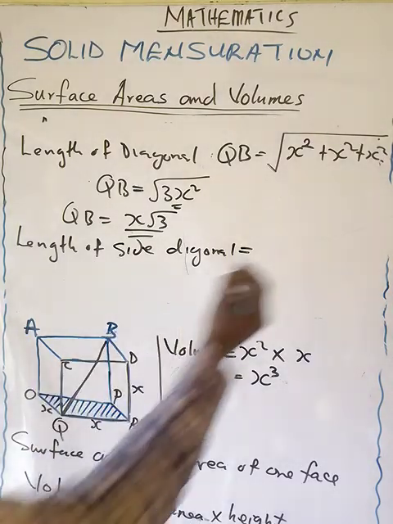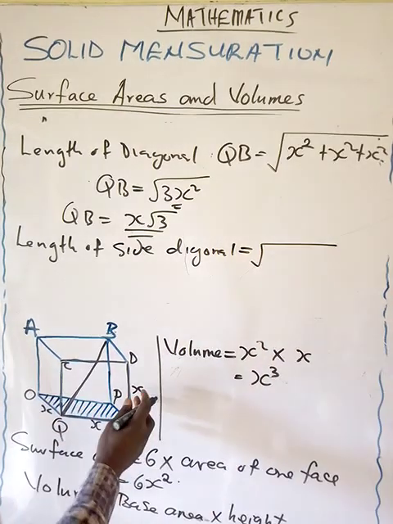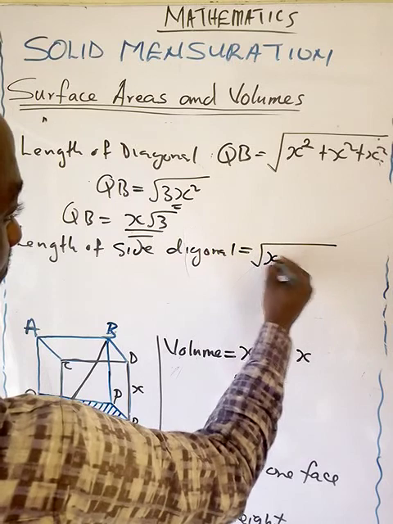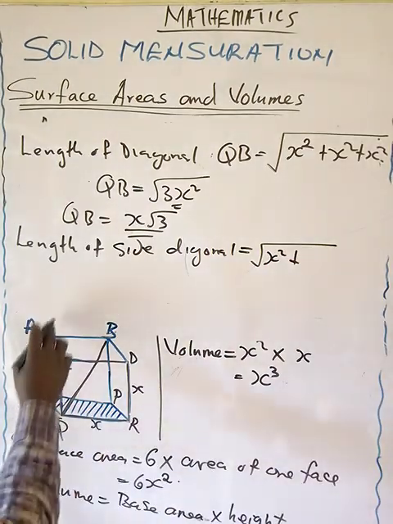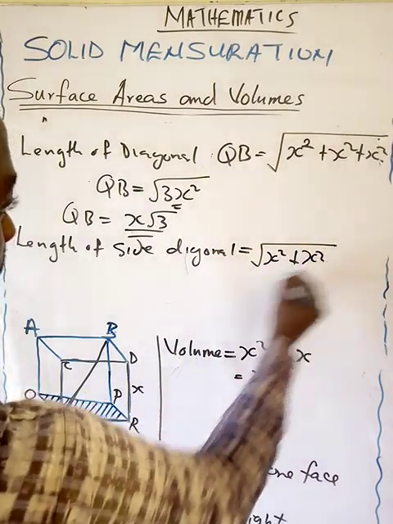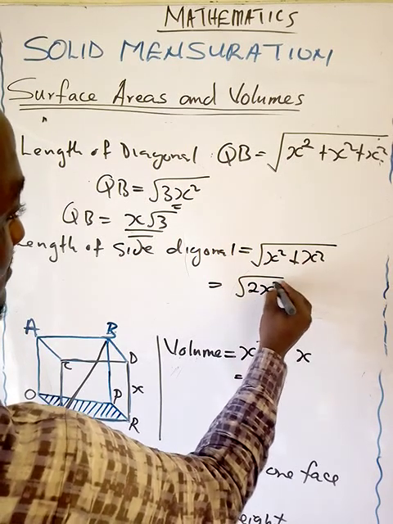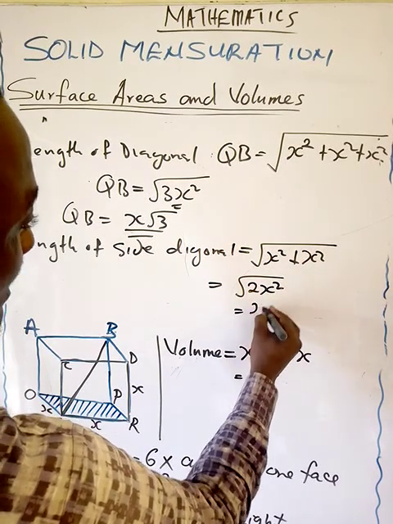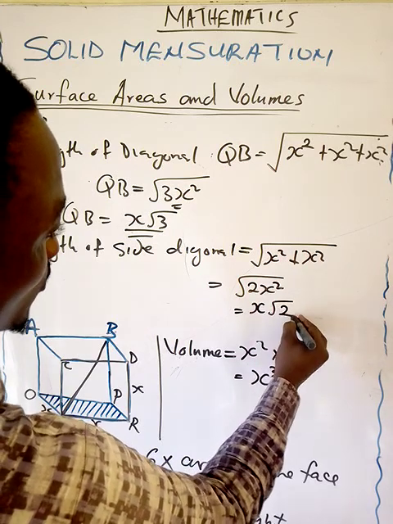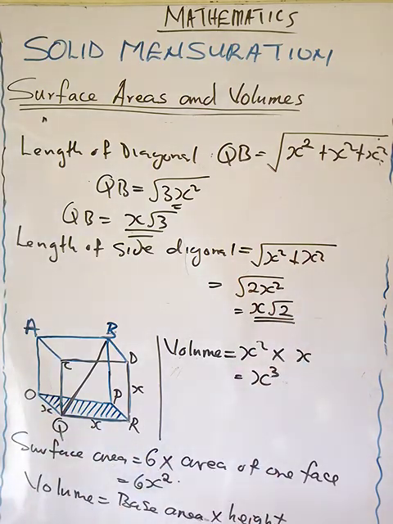Which is root of x squared plus x squared. That gives us root 2x squared, which is the same thing as x root 2.